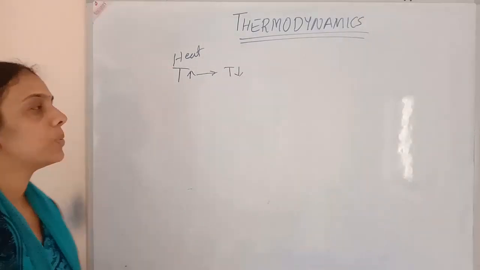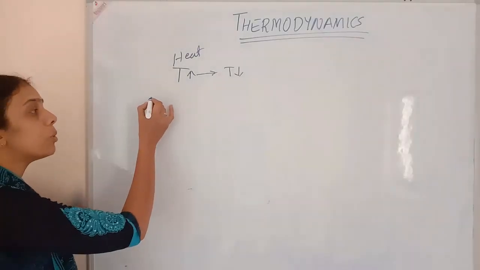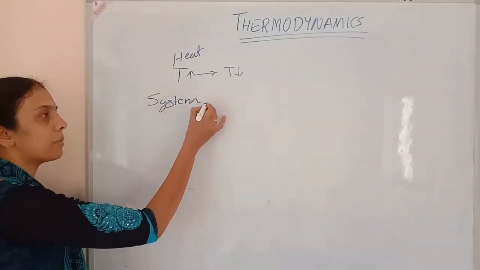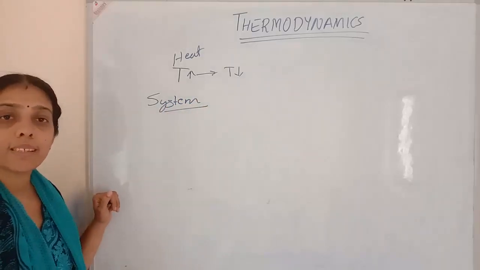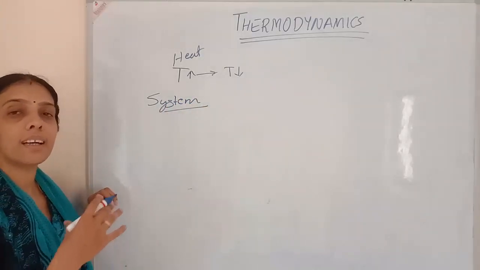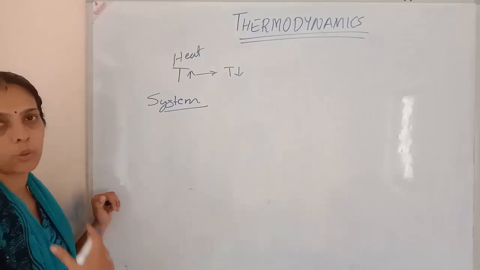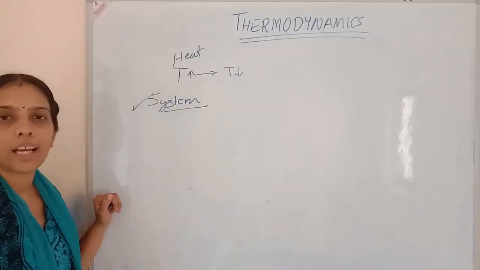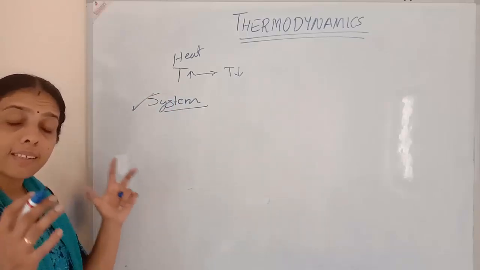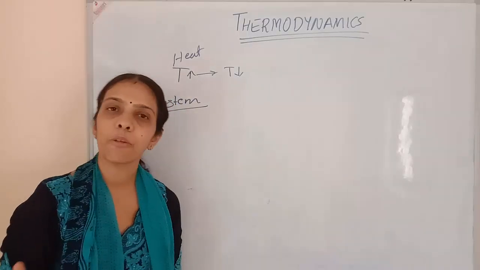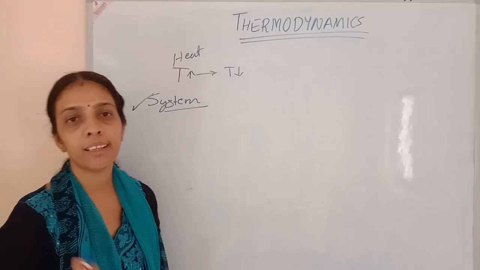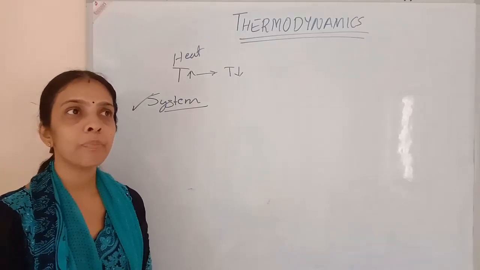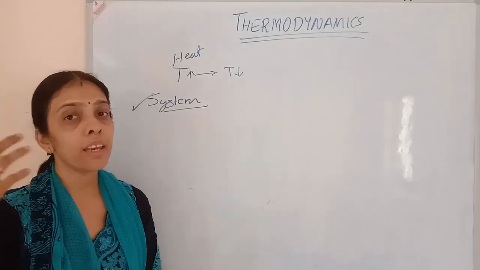Now next we are going to consider the thermodynamic system. What is meant by thermodynamic system? If we are considering a large number of molecules under consideration, then we can say it is a thermodynamic system. In system of particles and rotational motion, we learned that a system means a rigid body with n number of particles.